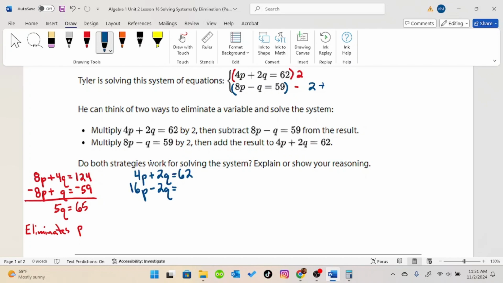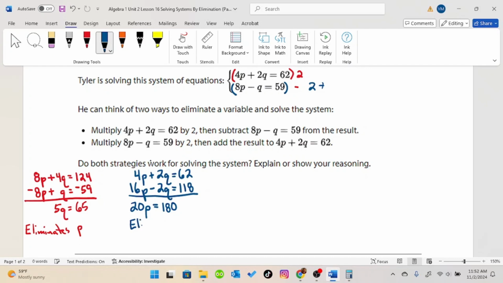And 2 times 59 is 118. Now when we add them together, 4p and 16p becomes 20p. 2q and negative 2q becomes 0. And 62 and 118 becomes 180.